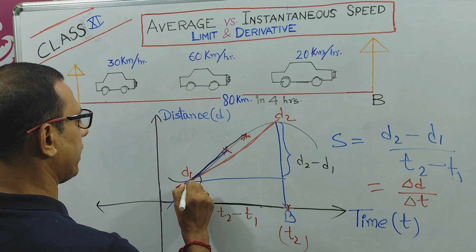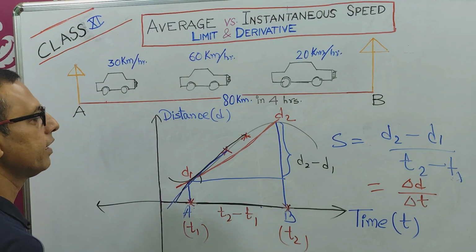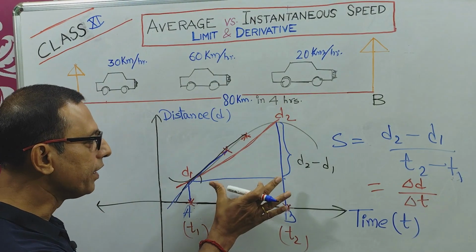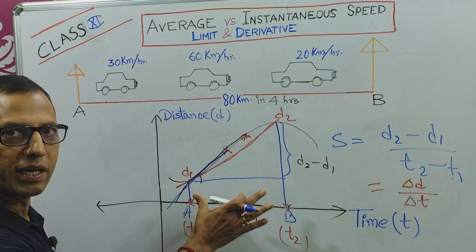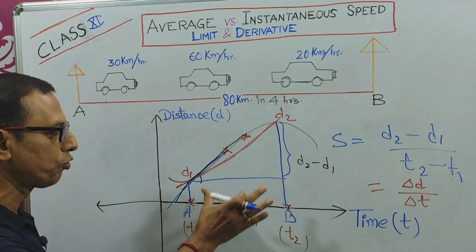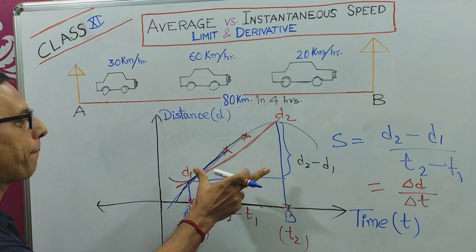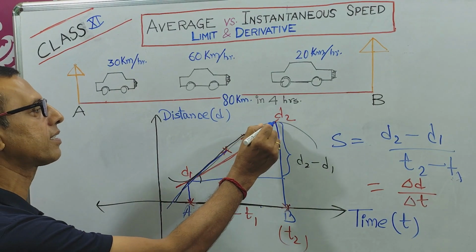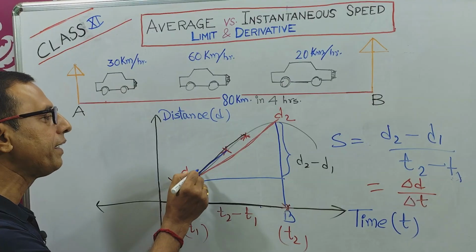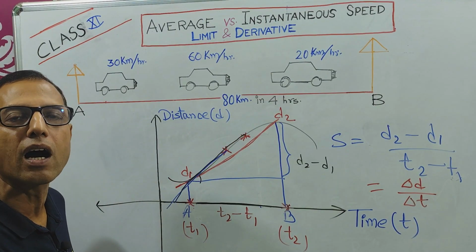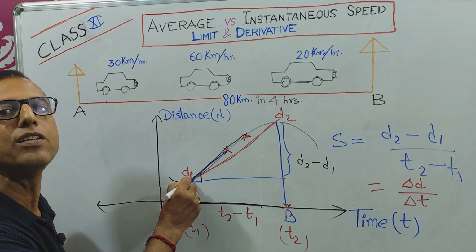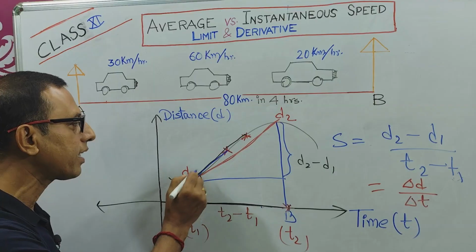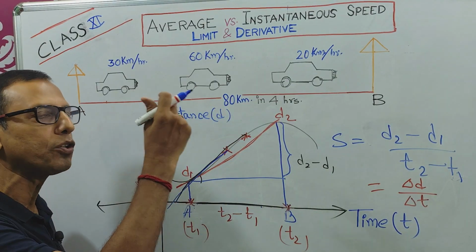So gradually we can see the slope is decreasing. When you are reducing the time, not the distance, the time T2 minus T1, that is delta T, approaching 0, the secant line will no longer intersect the curve at 2 points. The secant line will convert to a tangent when this time approaches 0.